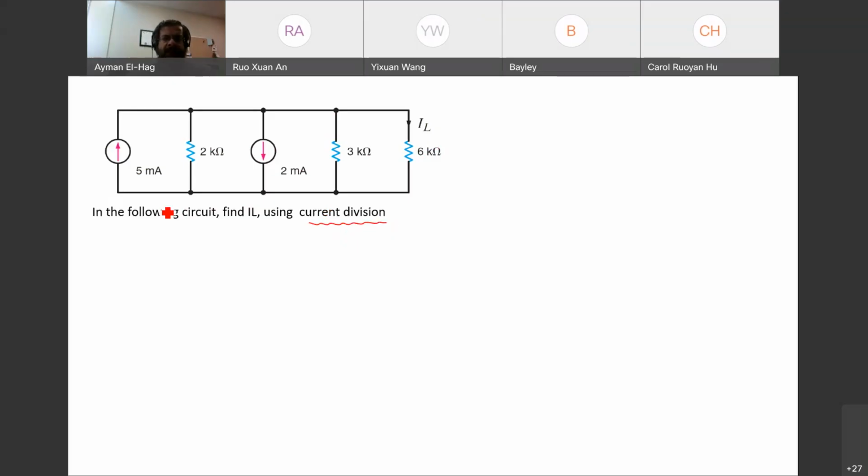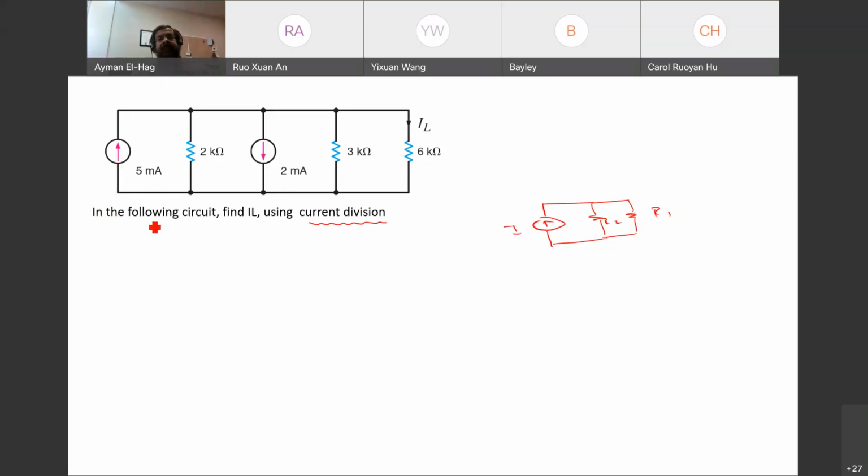So when you look at this circuit, now we said one thing about current division. You have to have it in this format. You have to have one current source and two resistors in parallel, R1, R2, and I. This is how your circuit should look like. Now, your circuit here definitely doesn't look like this. First of all, we have two current sources in parallel.